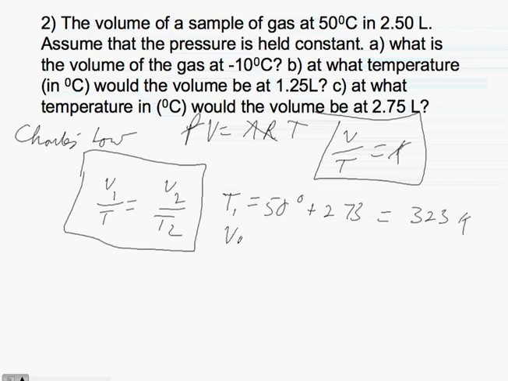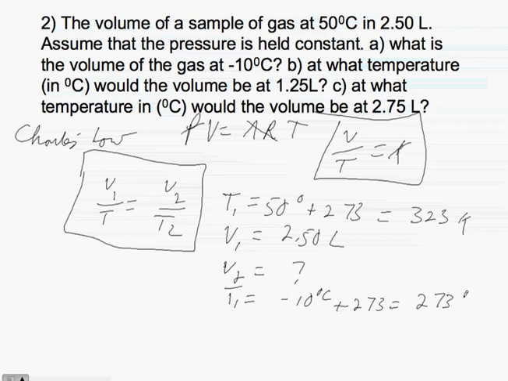V1 is equal to 2.50 liters. It says what is the volume, so V2 is in question, and the temperature is minus 10 degrees Celsius. I add 273 to this, and this gives me 263 Kelvin.